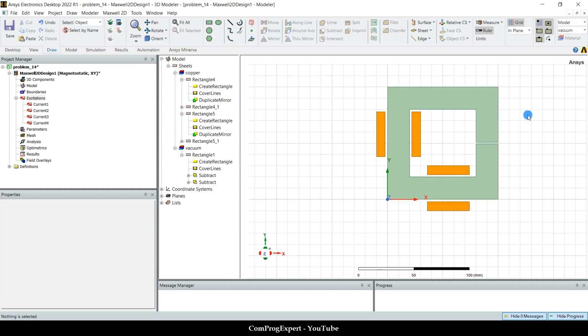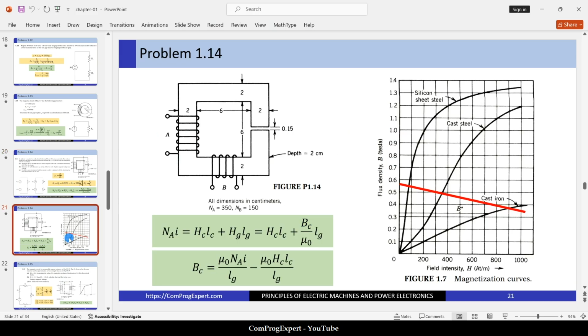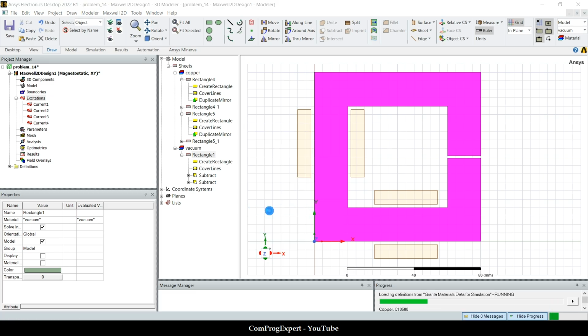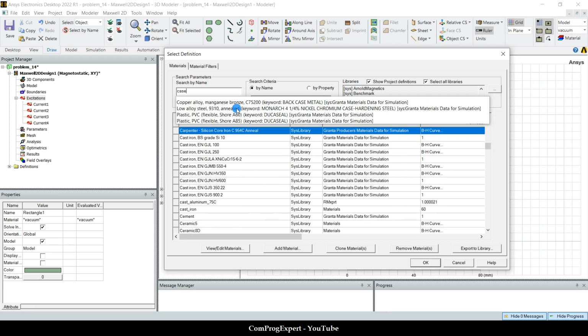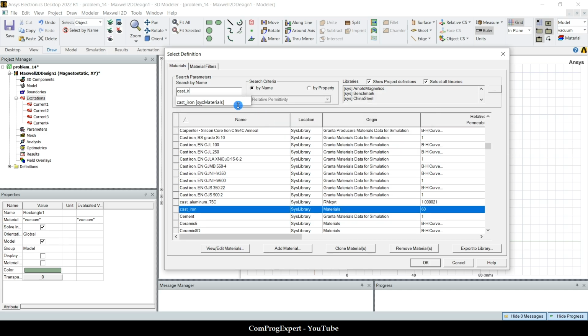So we should set the material of this object. What material is good, we can consider here. Let's search and this time use another material, HB curve, to check our calculations. So cast iron. Yes.